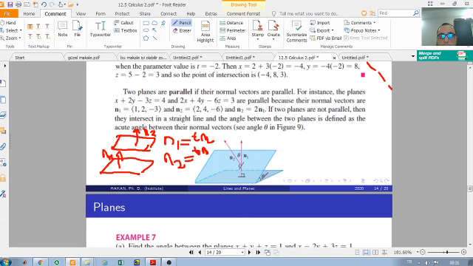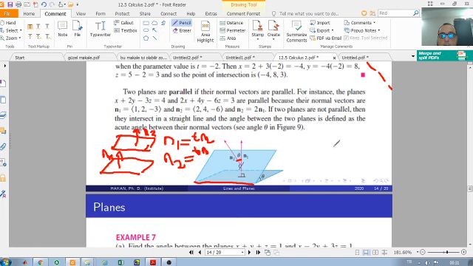Actually, this is also the angle between the normal vectors, because the normal vector of the base plane is n1, you see, n1, and n2 is the normal vector of the second plane, and the angle between them is theta, which is also the angle between the planes, and the intersection of them is the line here.